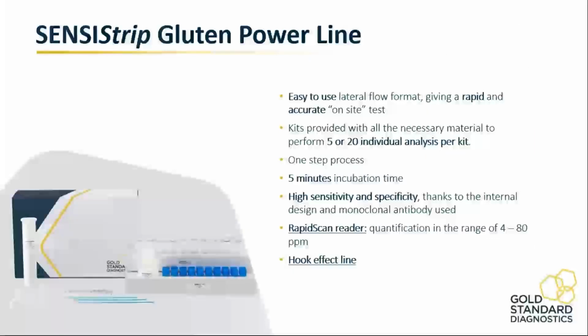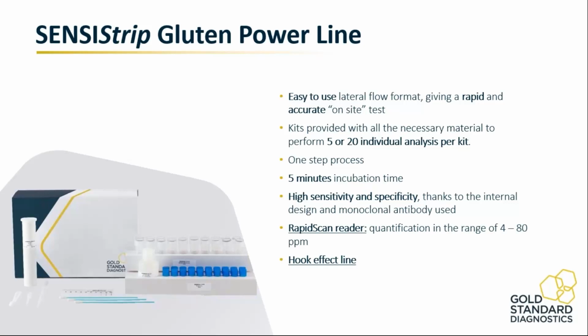So as a summary, the gluten power line is an easy to use lateral flow format, which gives a rapid and accurate on-site test. The kit is provided with all the necessary material to perform 50 or 20 individual analyses per kit. It is a one-step process.